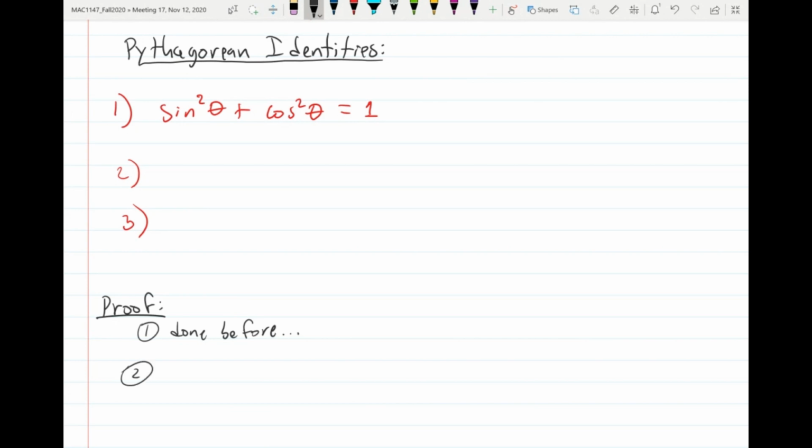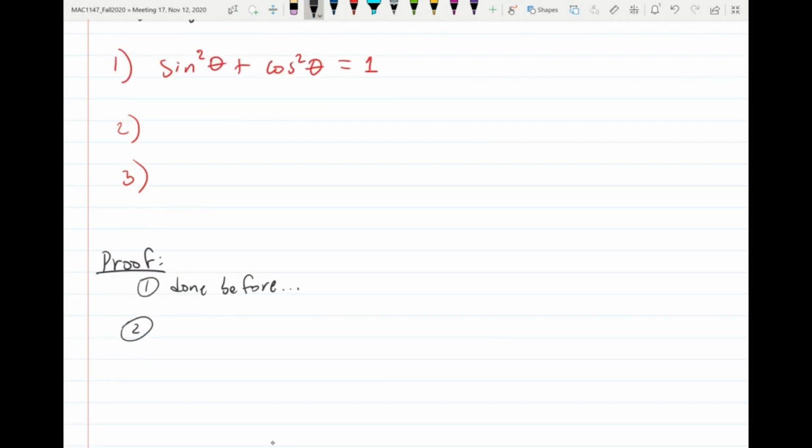Now, what's identity number two? Well, let's see. Again, the reason why I'm showing you this is because you don't have to memorize the three identities. I mean, eventually you will know them, but if you remember this one, sine squared plus cosine squared equals 1, then you can easily recover 2 and 3, which I'm about to write.